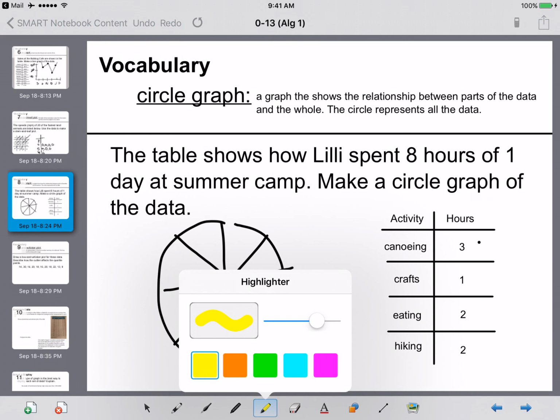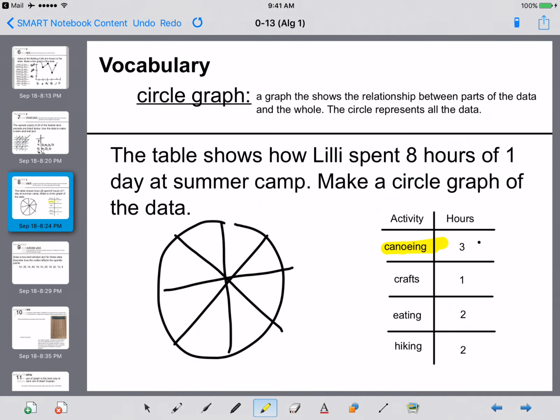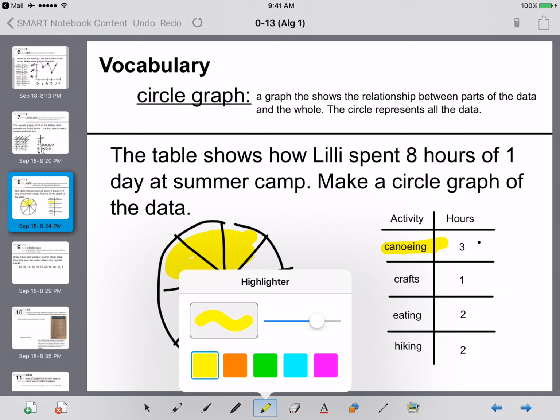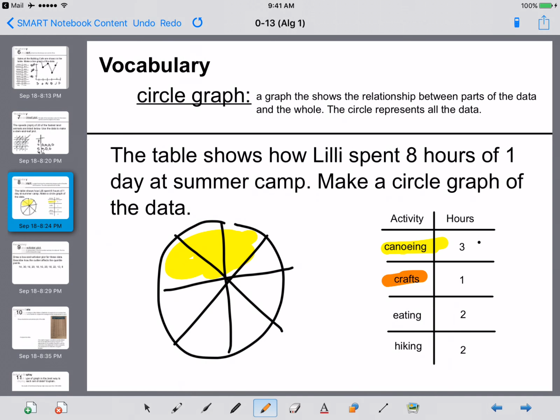So canoeing represents 3 of those parts. So 1, 2, 3 are canoeing. Crafts is 1, so crafts fills in 1. Eating is 2, so eating fills in 2, and then we'll leave hiking at white, also taking up 2 spaces. So you can see this way, using a circle graph, the whole graph represents everything.